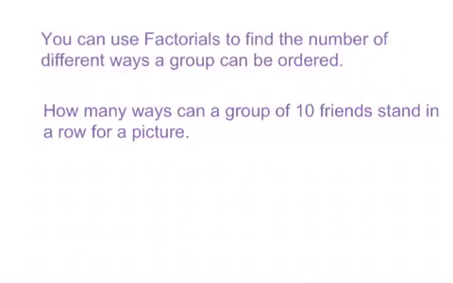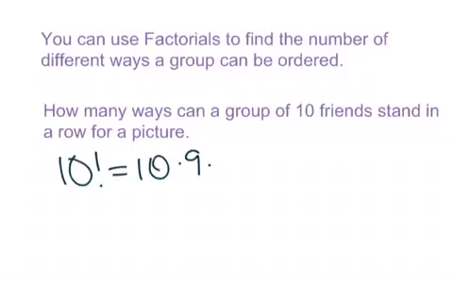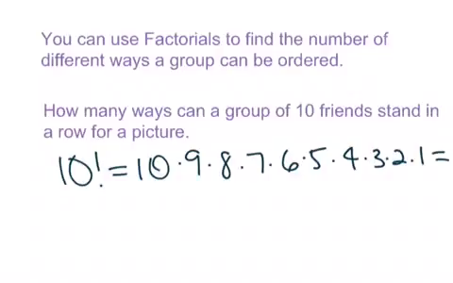Alrighty, we use factorials to find the number of different ways a group can be ordered, any kind of group. So if we're looking at how many ways a group of 10 friends can stand in a row for a picture, that's when we would use the Factorial Method. So we would do a factorial of 10, like this. That would be 10 times 9 times 8 times 7 times 6 times 5 times 4 times 3 times 2 times 1. Let's do that all together.